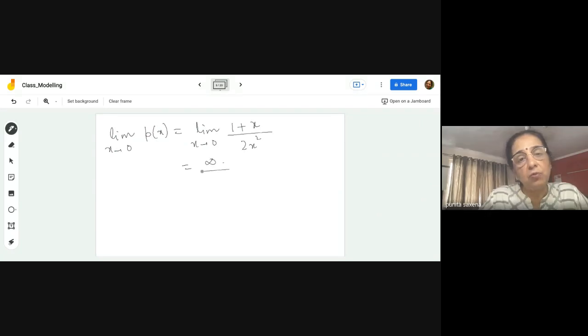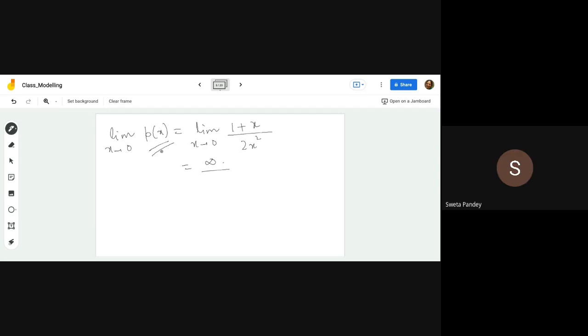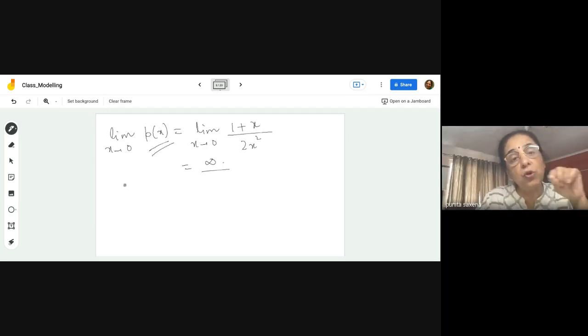So that means my p is not analytic at x equal to 0. Though q has turned out to be analytic, p fails to be analytic. So therefore, we'll conclude that x equal to 0 is an irregular singular point.